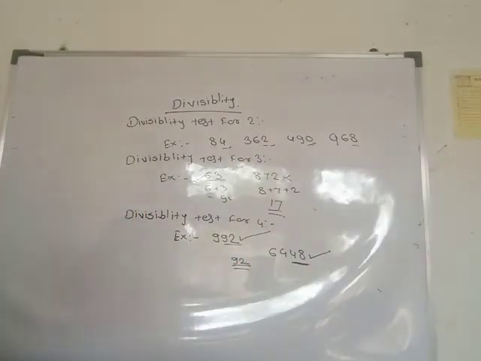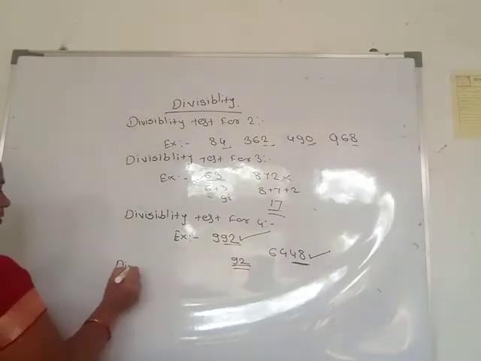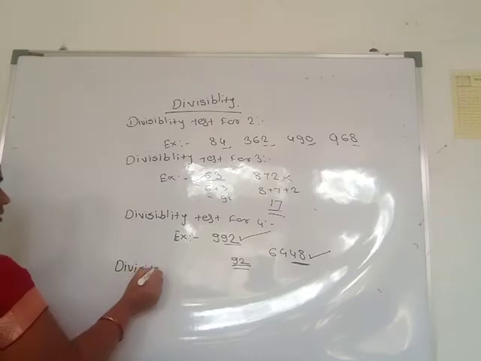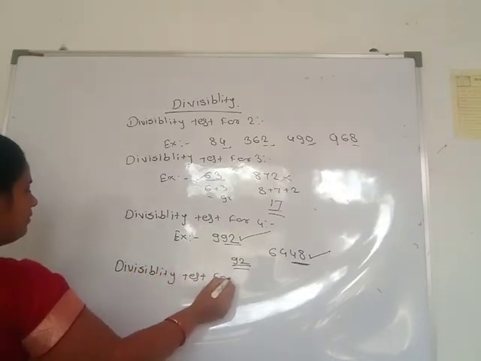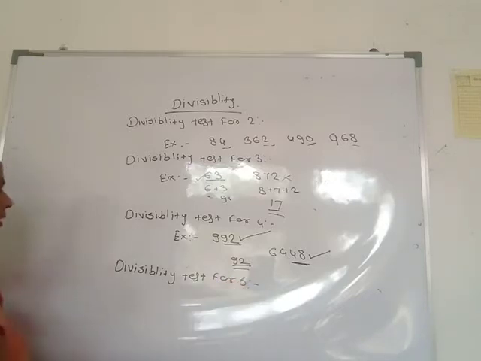The next one, the divisibility test for 5. If the unit place has 0 or 5, then that number is divisible by 5.